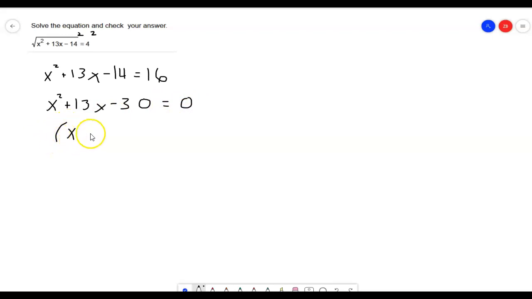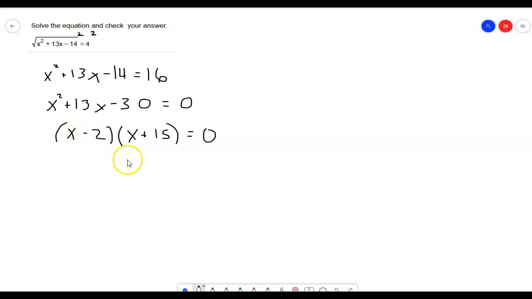So I have an x and an x. So kind of like the other problem, I need to find two values that when multiplied together give me a negative 30, but when added together give me a positive 13. It's not too hard to find, so that's going to be a positive 15 and a negative 2.